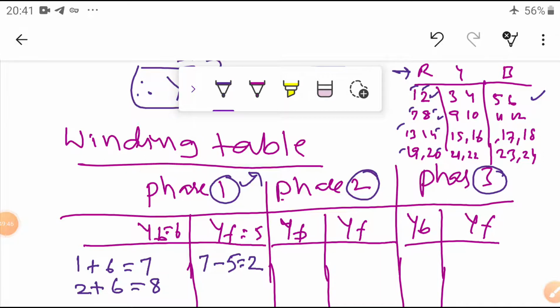Okay, so 8 minus 5, I am going to get 3. 3 does not belong to my phase, it belongs to the Y phase. So, we do not want to enter another domain.